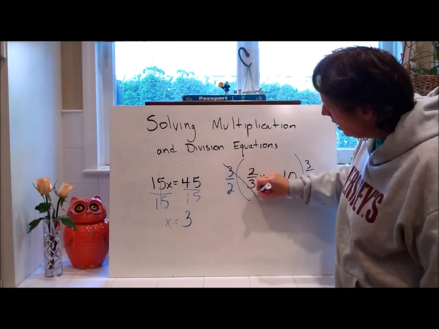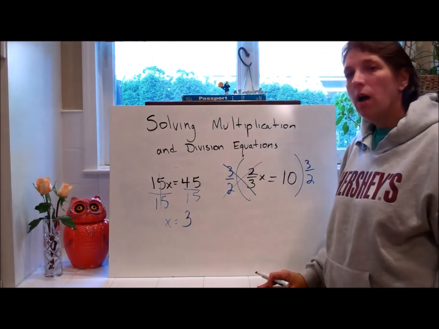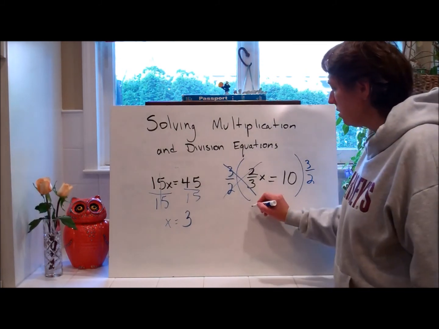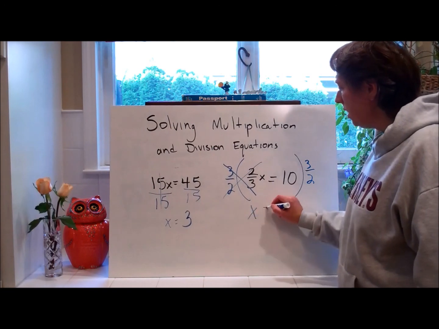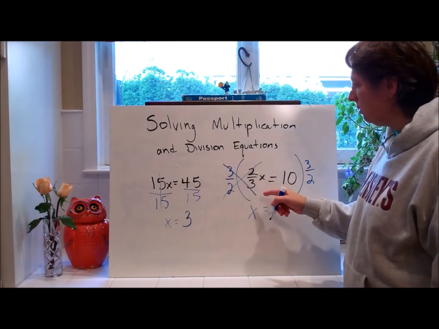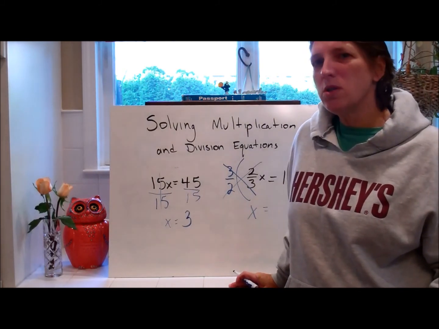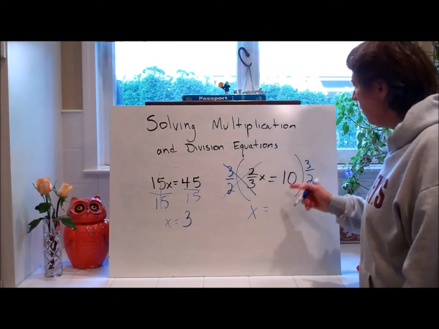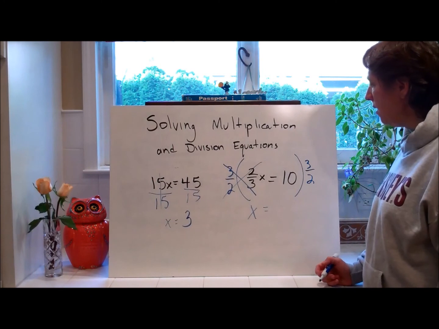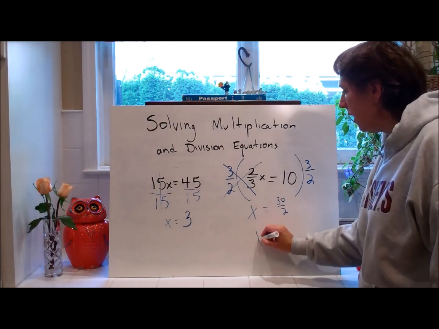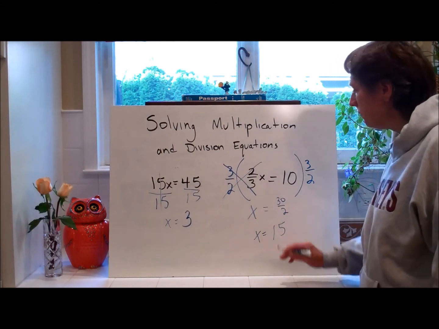When we do that, we're going to achieve a positive 1 as the coefficient of x. So x equals, because those cancel out, because 3/2 times 2/3 is 1. Any number times its reciprocal is 1. And then we use 10 times 3/2, which is going to be 30/2, which is x equals 15.